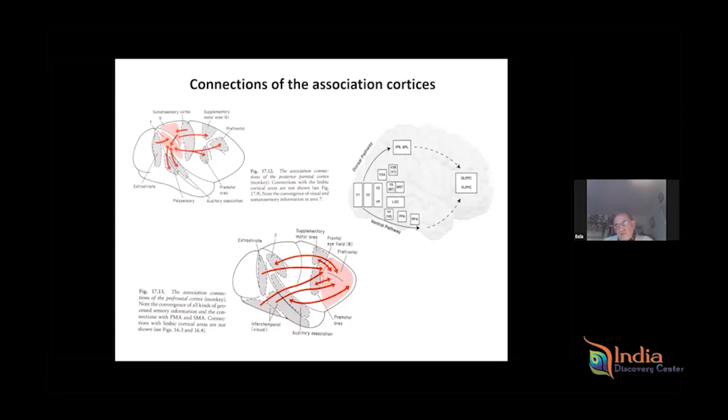And of course, when we communicate, not only does the auditory information enter our brain through the ear, but we see the person, so visual information also enters our brain.